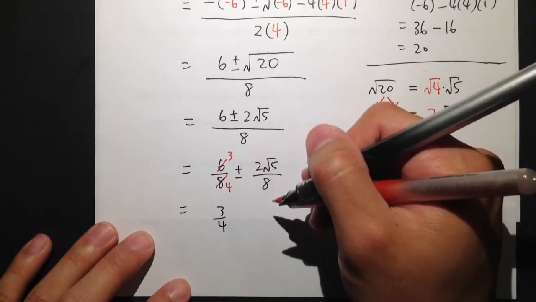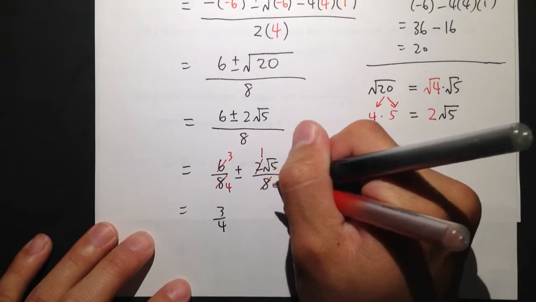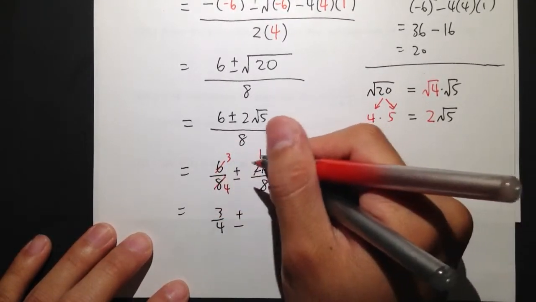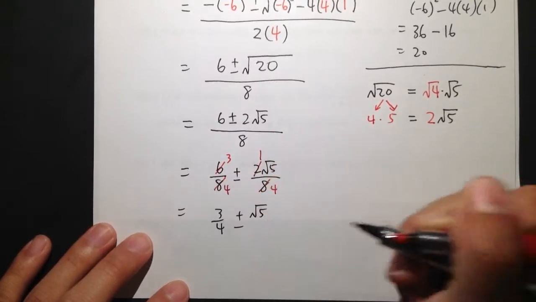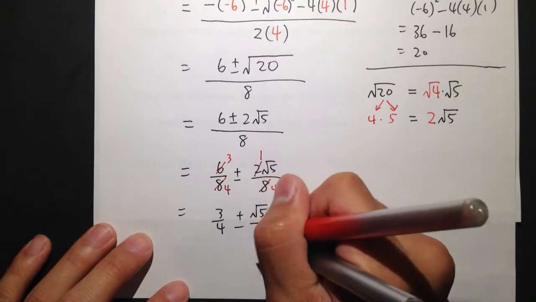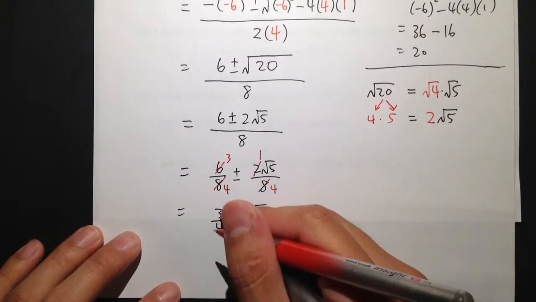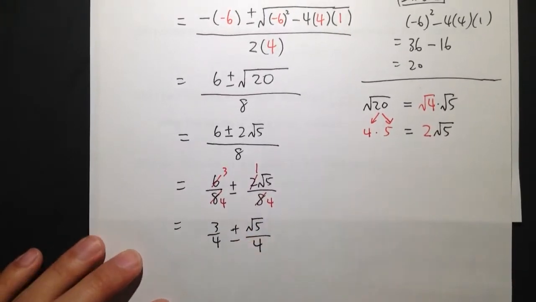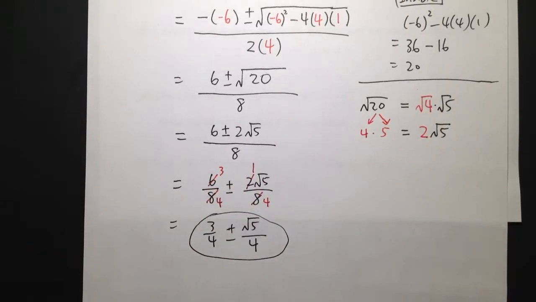So the 2 and then the 8. 2 goes into 2 once, and 2 goes into 8 4 times. So I have plus or minus 1 times square root of 5, which is square root of 5 over 4. So 3 over 4 plus or minus square root of 5 over 4. That's the answer. Okay, this is the simplest that you can get.